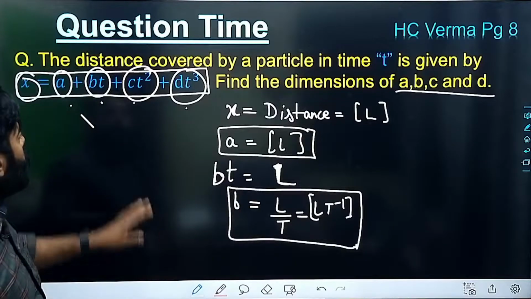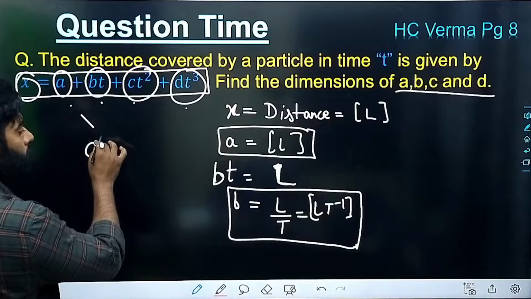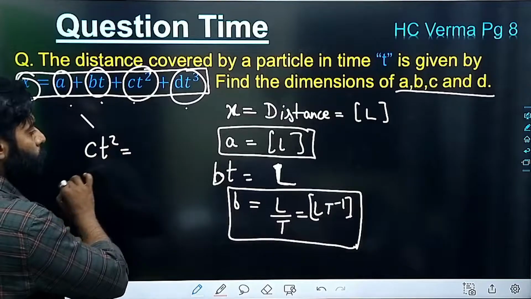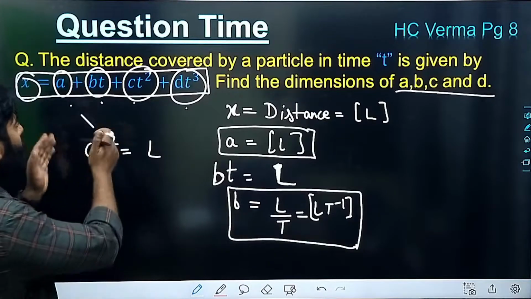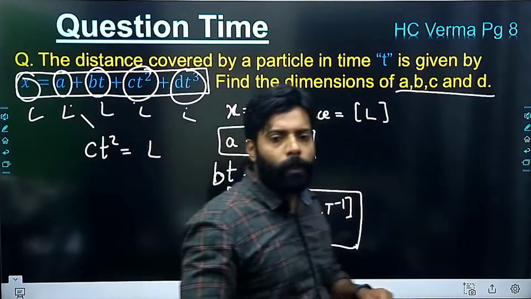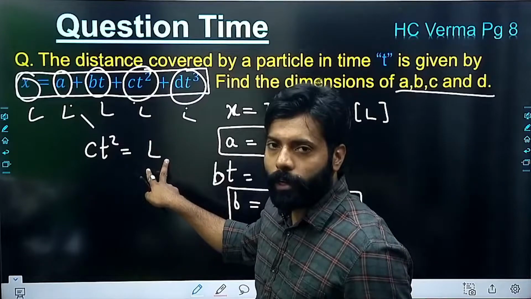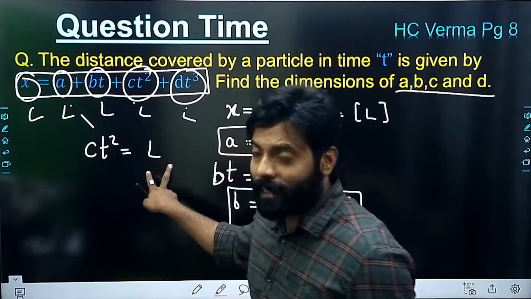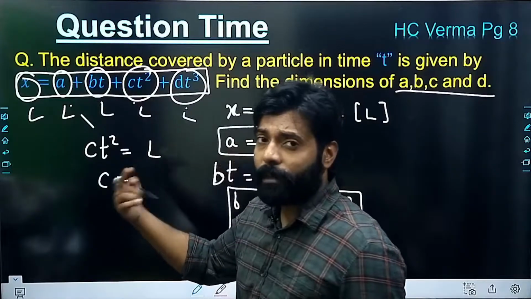Then we have this term Ct square. This must equal length, right? Because we are always adding lengths, all these must have the dimension of length. That's why I'm comparing all these quantities with length only. So if this has the length dimensions, what will be the dimensions of C?